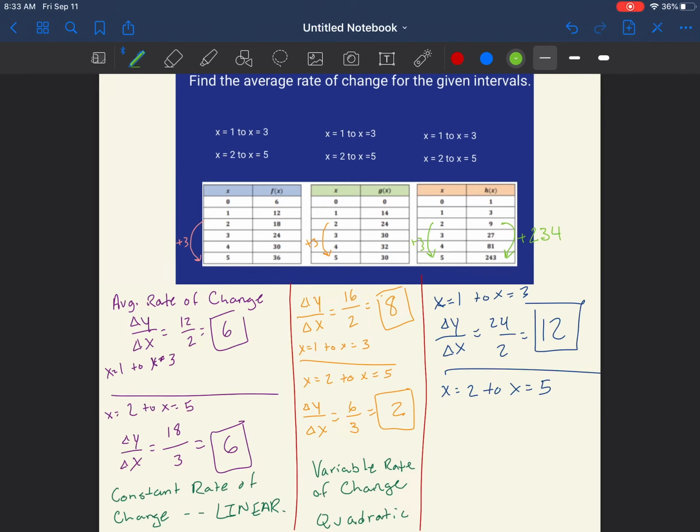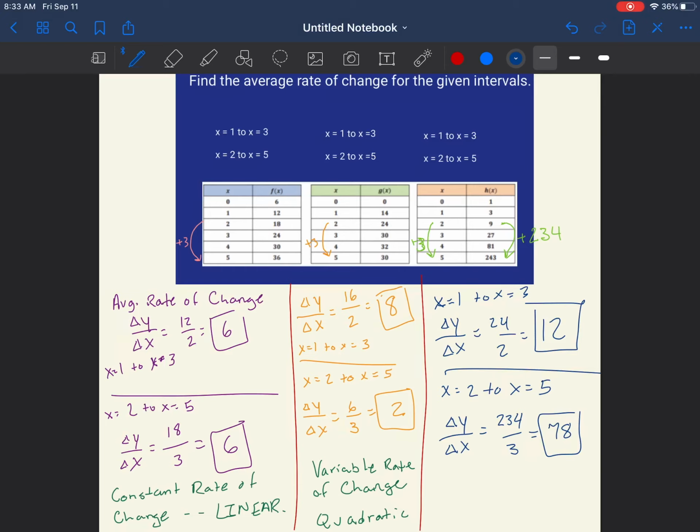So my change in y is 234 and my change in x is 3. That's 234 over 3. Let's see, 210 would be 70, and 24 would be another 8, so 78, I believe.